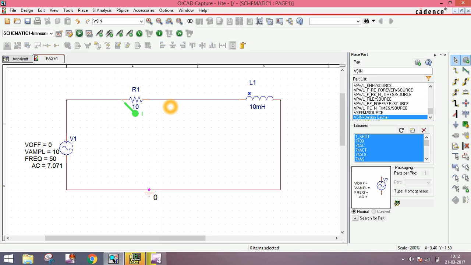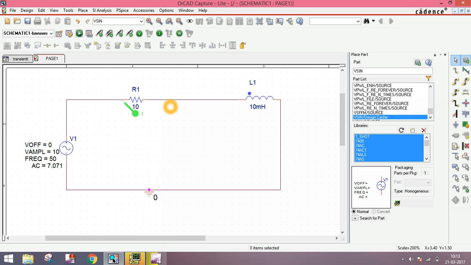So what is our reactance? In an RL circuit, reactance is omega L. So tan inverse of omega L by R. We know R, we know omega L, 2 pi f into L, we also know L. Then we calculate theta and put that value, 0.304. So up to one decimal place it is matched, so nearly matched with the theoretical value, you can see.